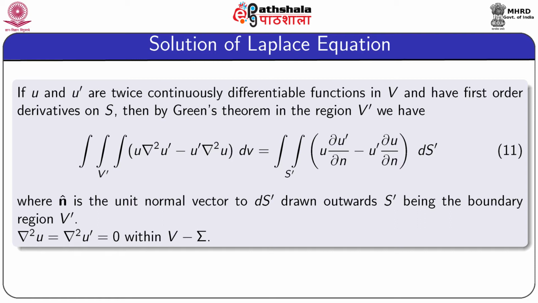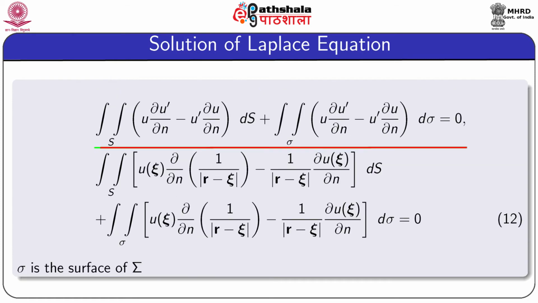So this surface integral can be written as the integral over S of u del u dash del n minus u dash del u del n dS, plus the surface integral over sigma of the same quantity, is equal to 0.